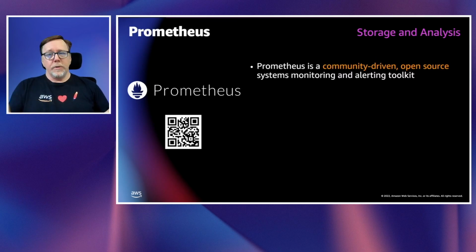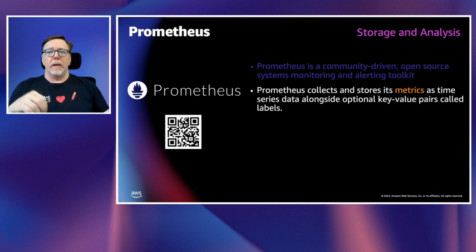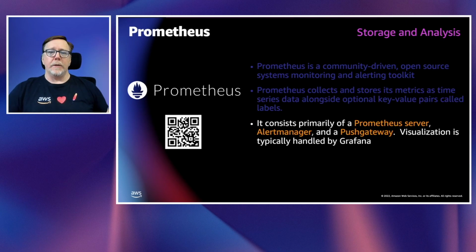Prometheus, also community-driven open source. It's a systems monitoring and alerting toolkit. It collects and stores metrics primarily. They are time series, and they have key-value pairs called labels that enable you to bring those metrics in. It has a server where it's going to store that data, an alert manager and a push gateway to facilitate viewing and working with that data.